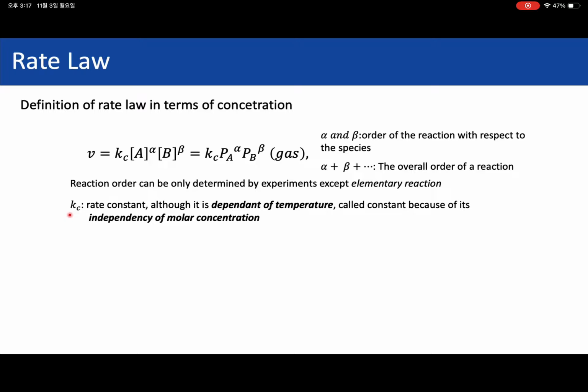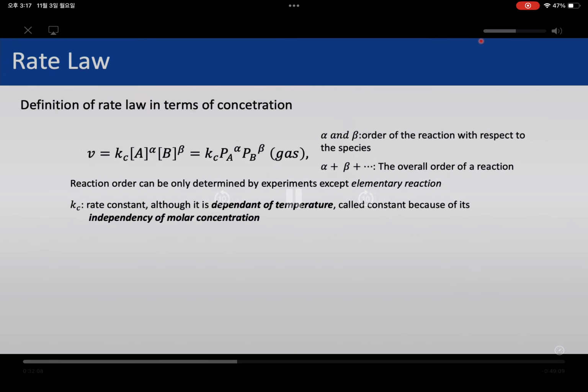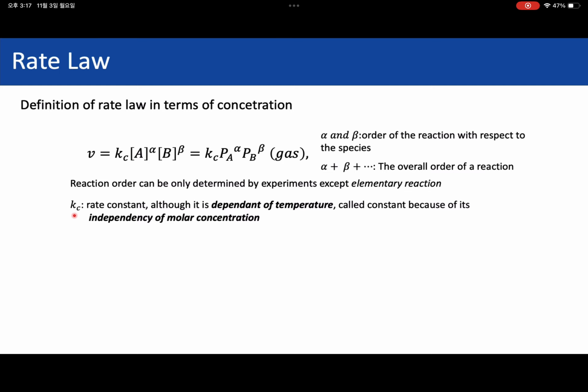Here, Kc is the rate constant. Similarly, this rate constant will be determined from experiment. We call it a constant, but actually it depends on the temperature of the reaction.